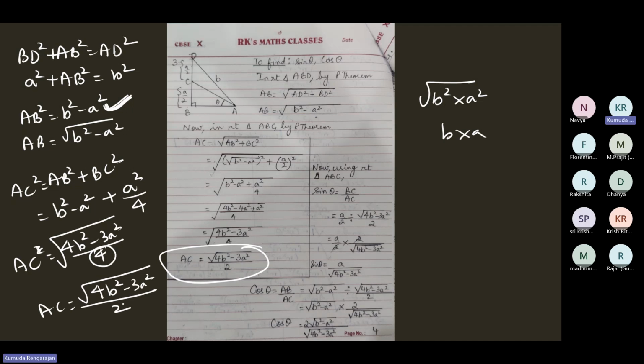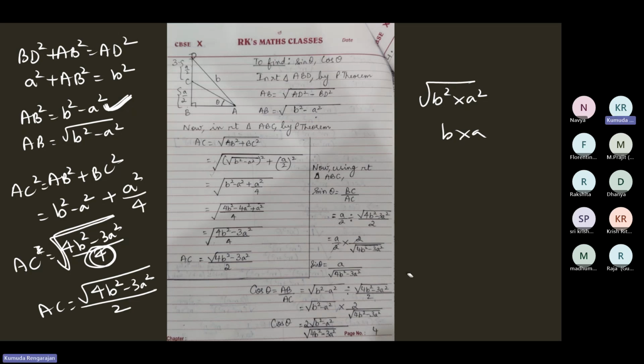Don't extend the square root symbol to the denominator, because square root of 4 is 2. So like this, we find AC.